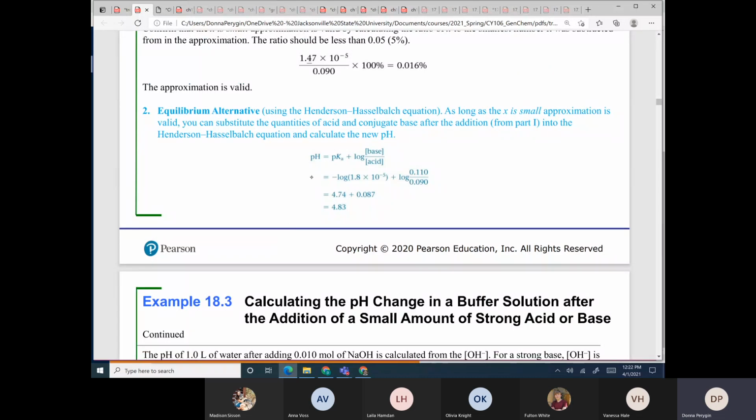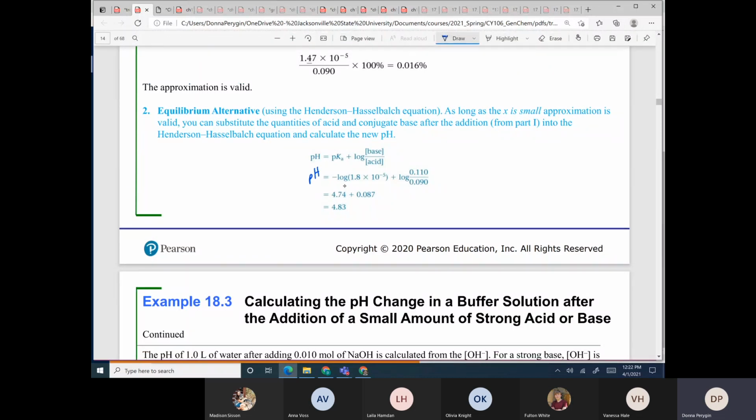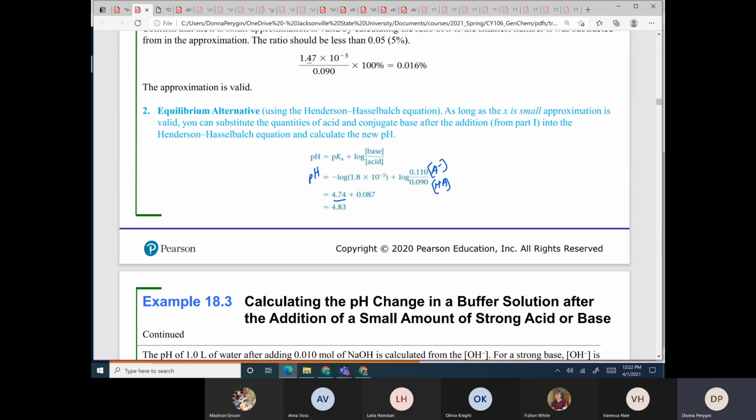So we can say the pH is equal to the pKa, 4.74, plus the log of A minus over HA, which we got from our equilibrium expression, okay? And so that's going to be 0.110 over 0.090, so that's 0.087, so that gives us a new pH of 4.83, which makes sense.